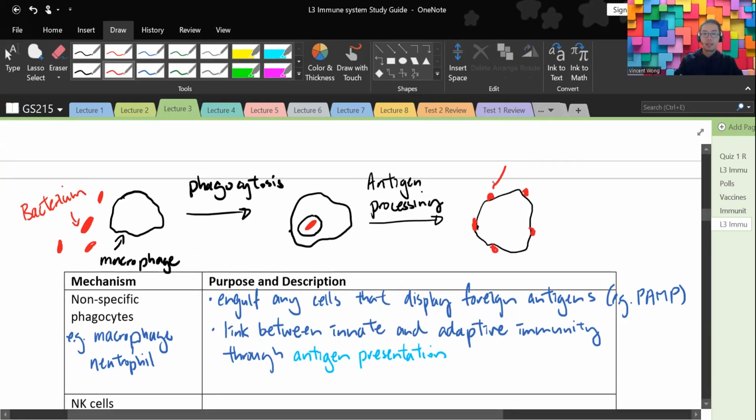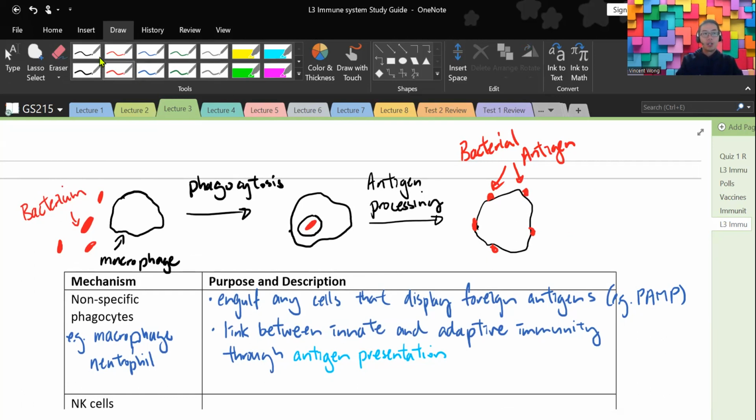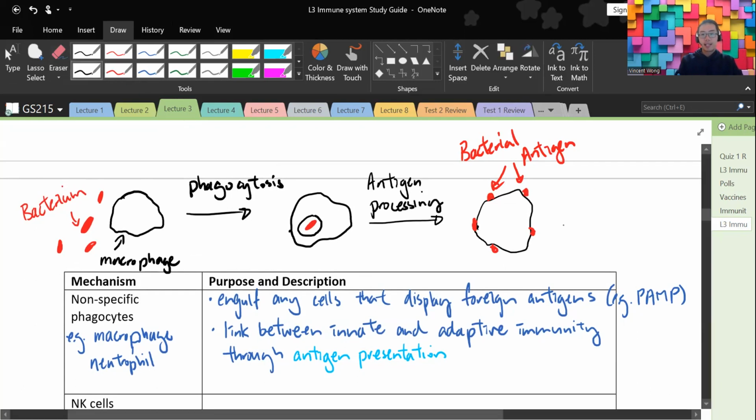Okay, and those are the bacterial antigen. What it does next is antigen presentation. Right?